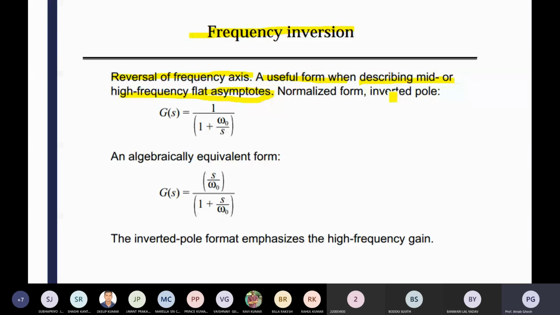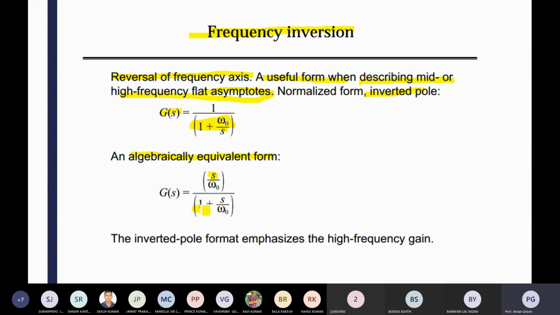The normalized form of the inverted pole looks like G(s) = 1/(1 + ω0/s). The algebraically equivalent form is G(s) = (s/ω0)/(1 + s/ω0), obtained by multiplying numerator and denominator by s/ω0, so that ω0/s times s/ω0 gives 1.